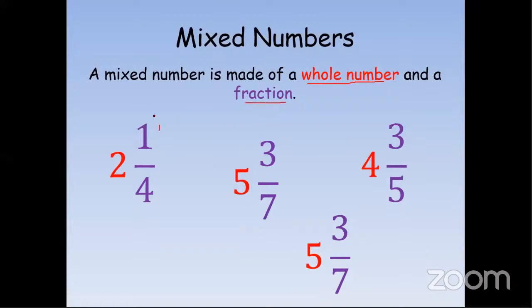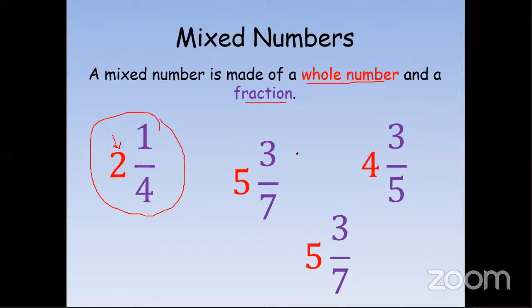Take an example: this is a mixed fraction. This is our whole number, and then our fraction, which is 1 out of 4. So we read this as 2 whole numbers, 1 out of the 4.